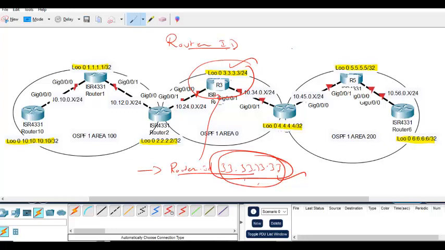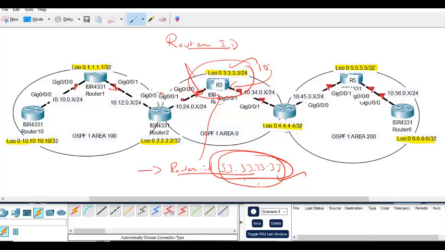Now, let us assume that you don't have a loopback interface. Then what will happen? It will pick the IP address from the physical interface. Now, on this router 3, how many interfaces have an IP address? Physical interface 2. This one and this one. Which address will it take? The biggest address.